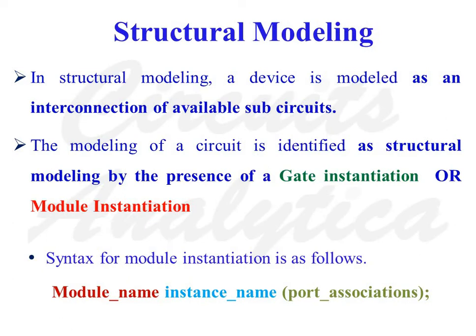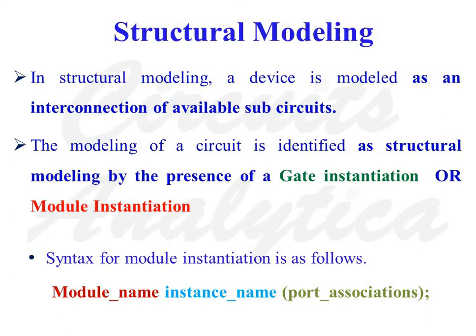For example, we want to realize a 4:1 multiplexer using 3 2:1 multiplexers. Suppose the module name of the 2:1 multiplexer is D_mux2:1, which is specified in the Verilog code for the 2:1 multiplexer.